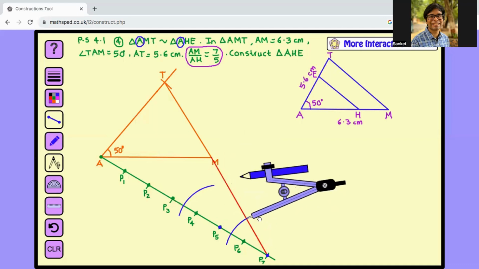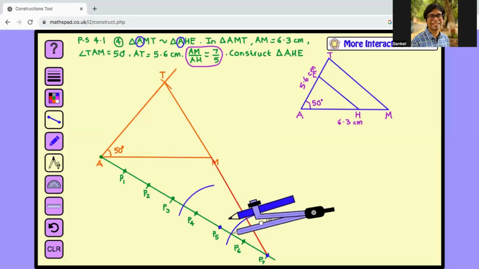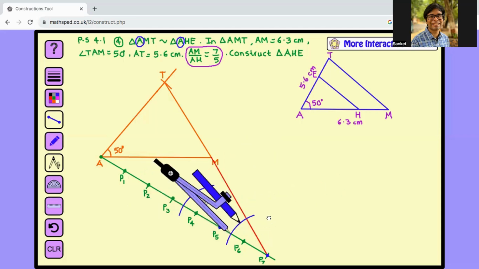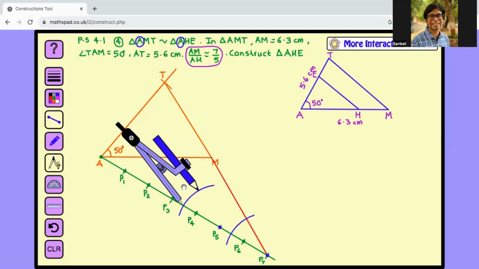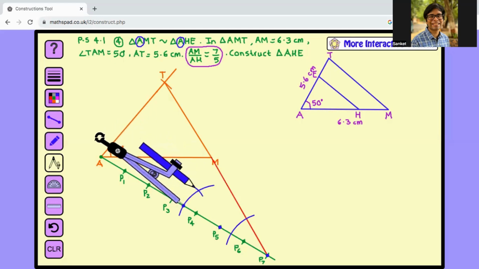Now I will move my compass to this point and measure distance from here till here, from here to here. Fix that distance, come to this point and draw an arc. I'll keep my compass away.